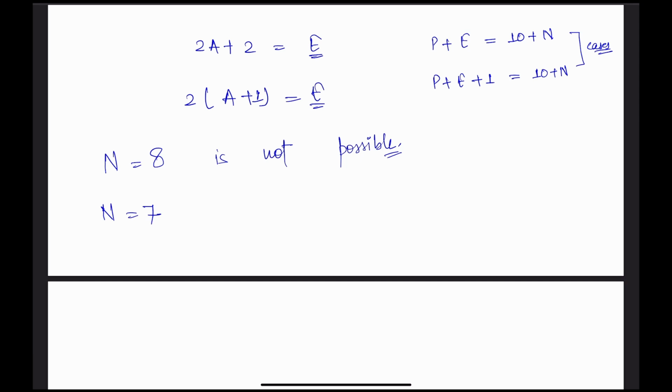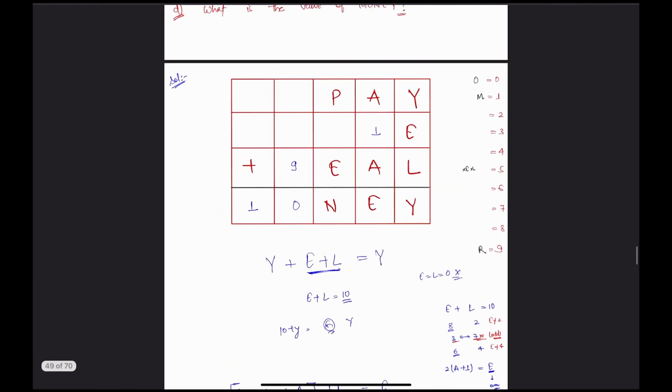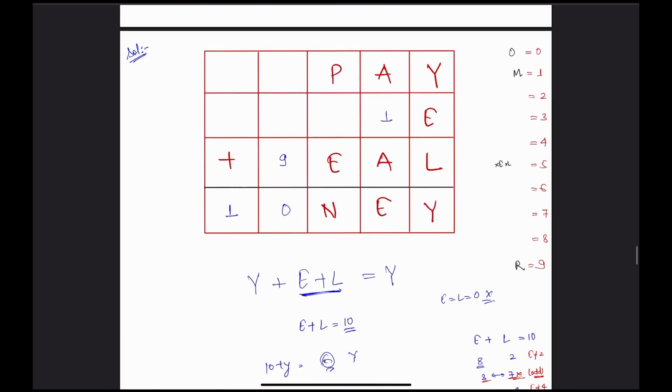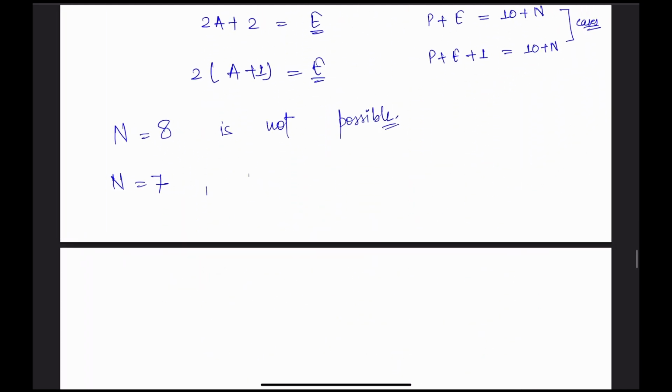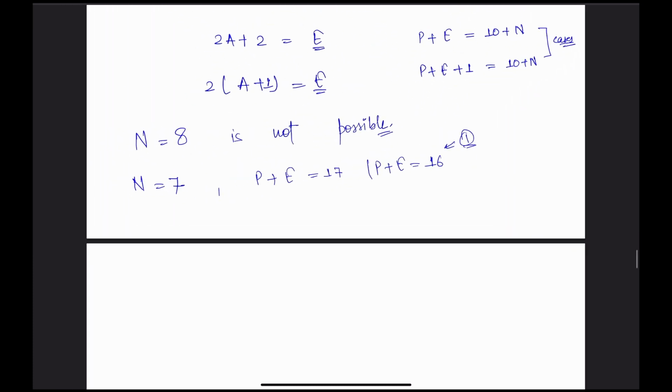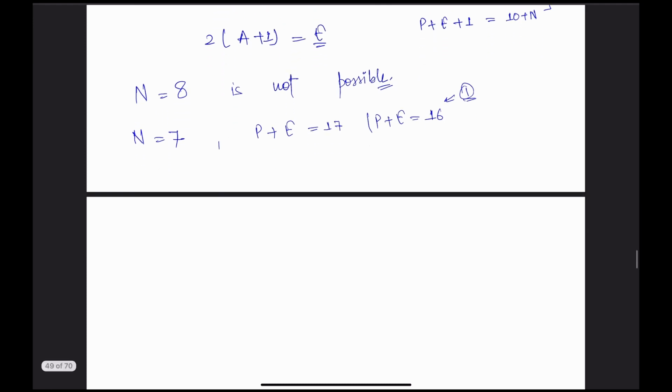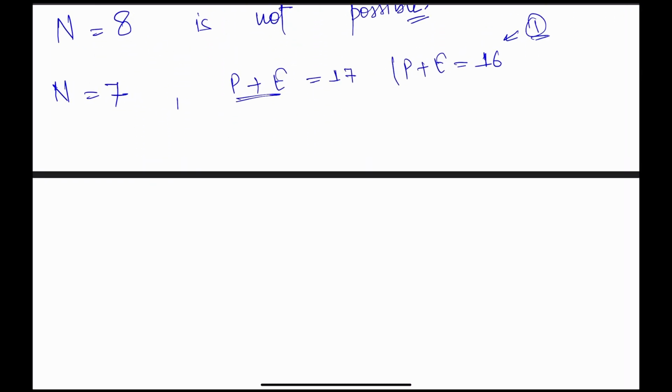N equal to 7. So if I want N to be 7, let's just write now. If N equals 7, then P plus E equals 17, or P plus E equals 16, but in this case 1 should be coming as carry. Okay, so is 17 possible?